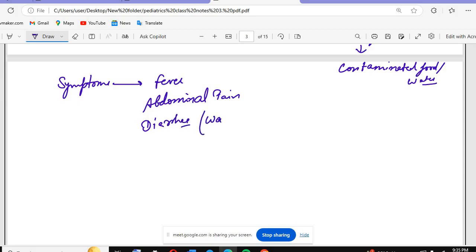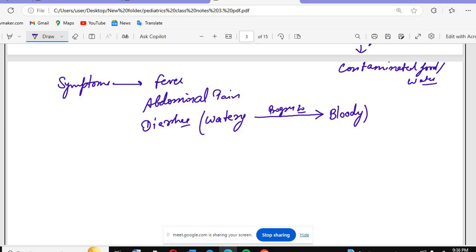Firstly it will be watery diarrhea, then after that it will progress to bloody diarrhea. Dysentery basically means bloody diarrhea, that you have to remember. Fever, abdominal pain, and diarrhea, watery and then progressing to bloody diarrhea.